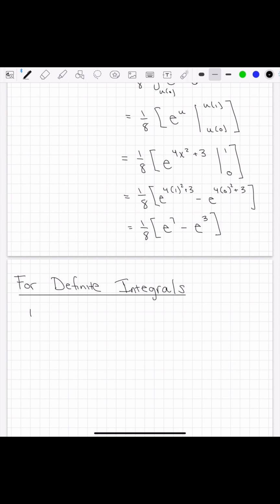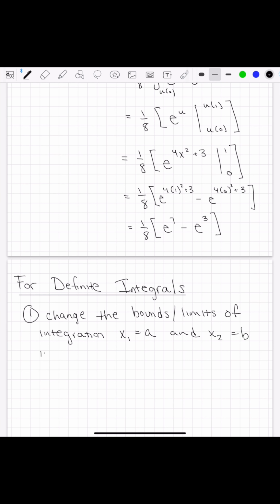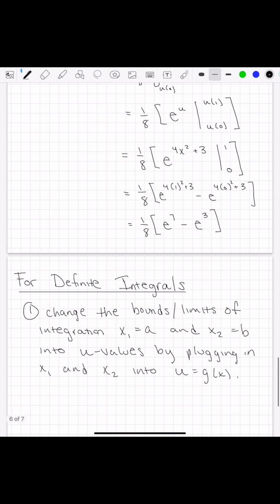You have the option 1, change the bounds, or limits of integration, let's call them x1 equal to a and x2 equal to b, into u values by plugging in x1 and x2 into u equals g of x.